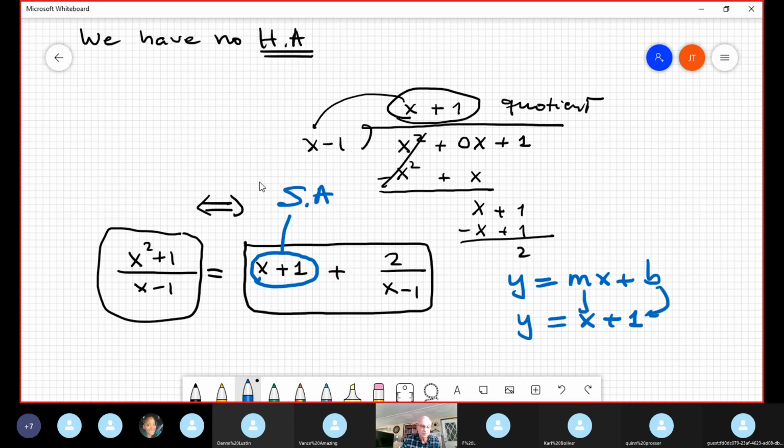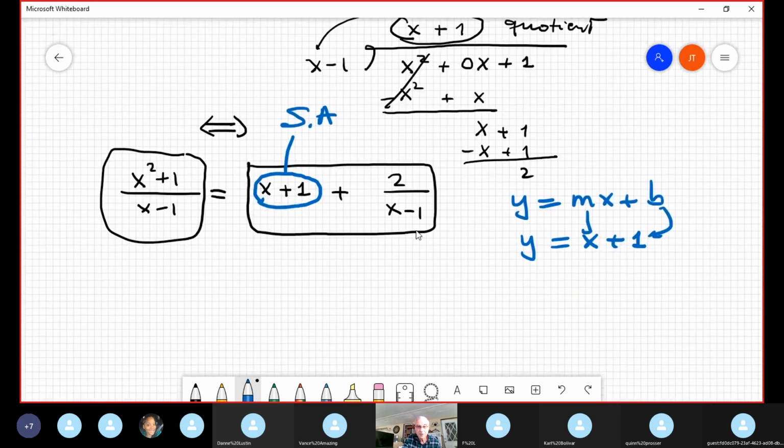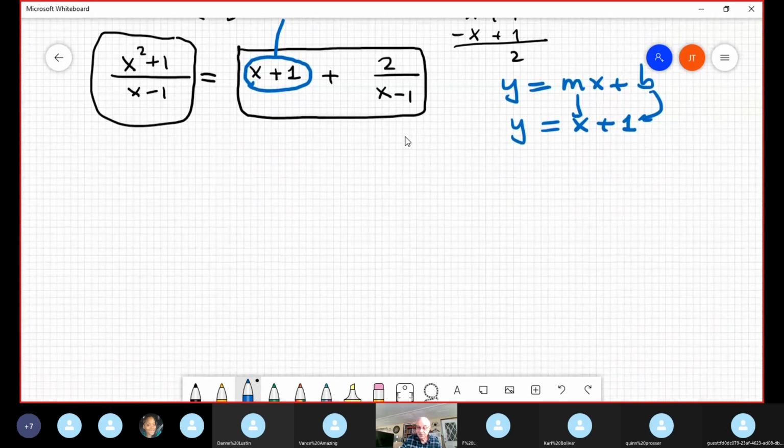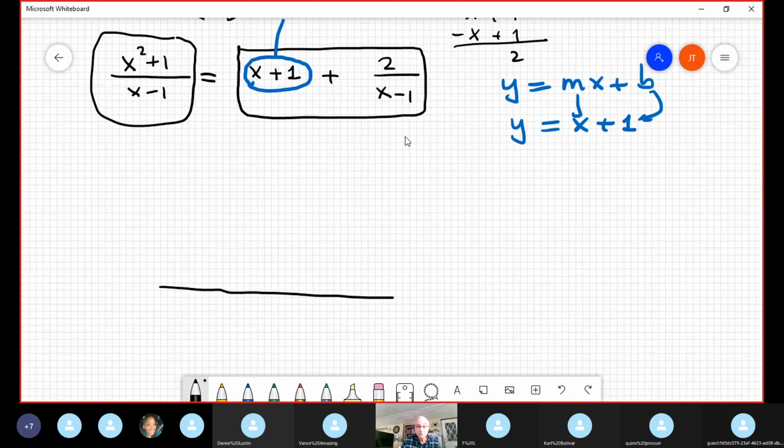Okay? And we can do the graph of this slant asymptote, sorry. The graph is easy because the y-intercept is 1, and the slope is 1. So this is 1, 1, 1 here, that is a run and a rise. And we connect this.